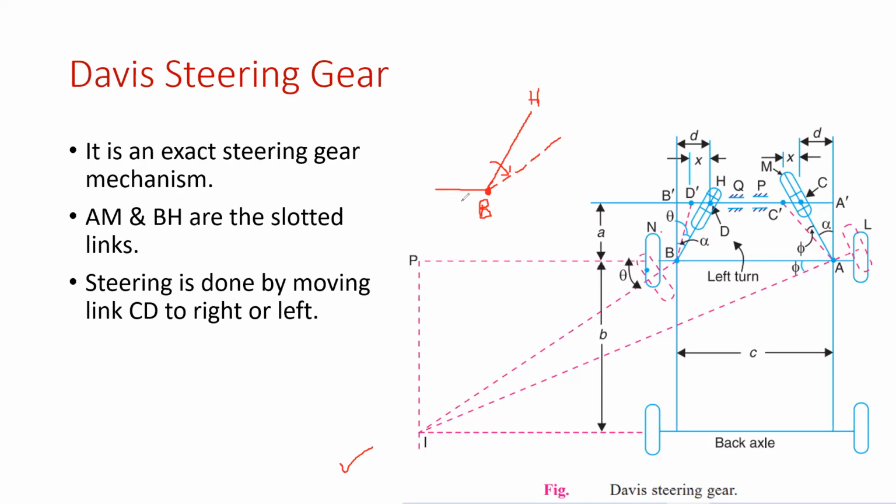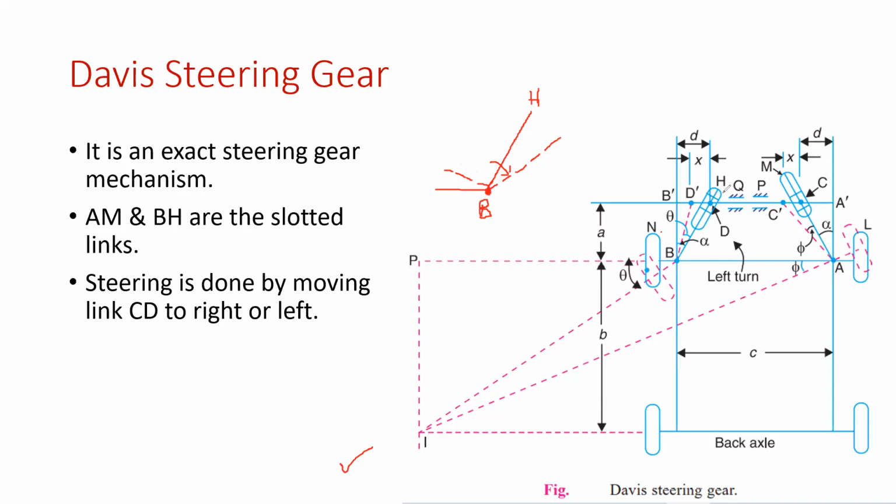So this arm of the bell crank lever will get a new position like this. You can assume it is one complete link, so you can say H B N point is here. So this is one complete link.